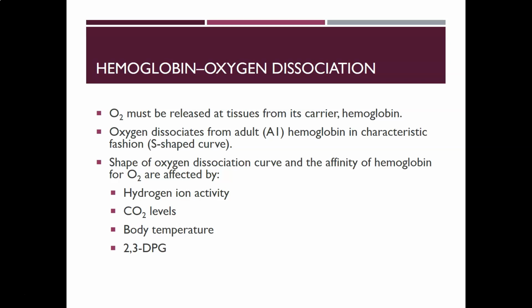The shape of that oxygen dissociation curve and the affinity of hemoglobin for oxygen, which is how much it wants to hold on to or bind the oxygen, are affected by hydrogen ion activity and therefore pH, CO2 levels, body temperature, and 2,3-DPG levels.